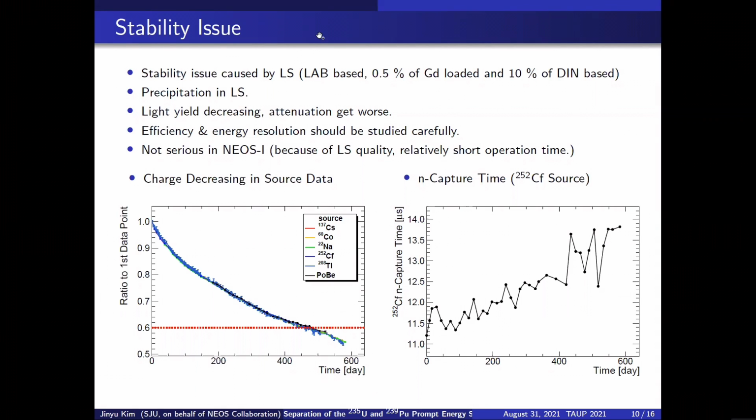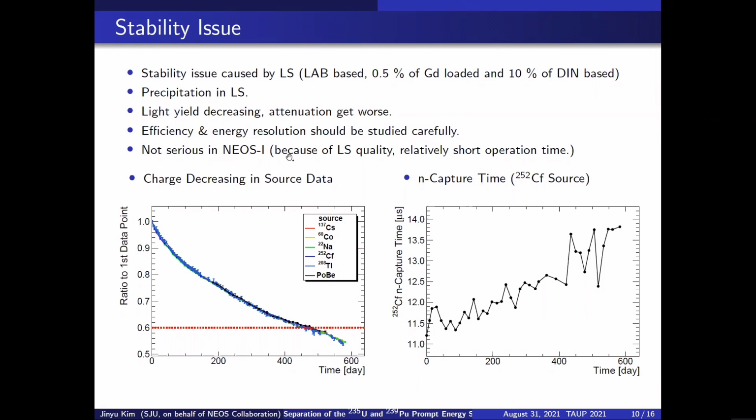As I mentioned on the previous page for IBD criteria, there is a stability issue caused by the liquid scintillator. Precipitation is generated in the LS. Because of that, light yield is decreased and attenuation gets worse. It makes treating efficiency and energy resolution much more complex.